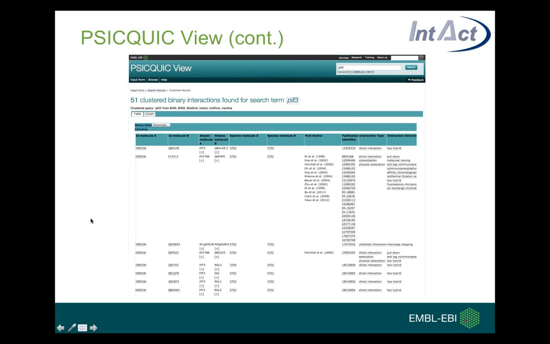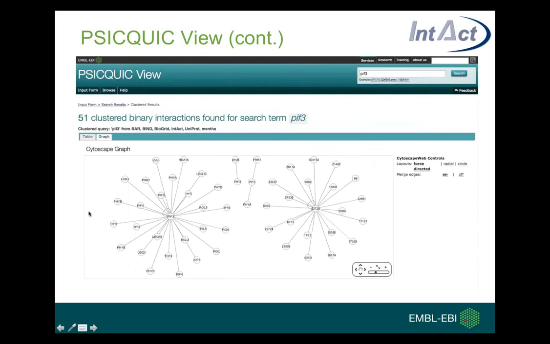But as well, we can see it again in a graph. That graph has more information than the previous one just from IntAct. From IntAct we just had PAF3 at the center and some of the links from here, but not all of them.